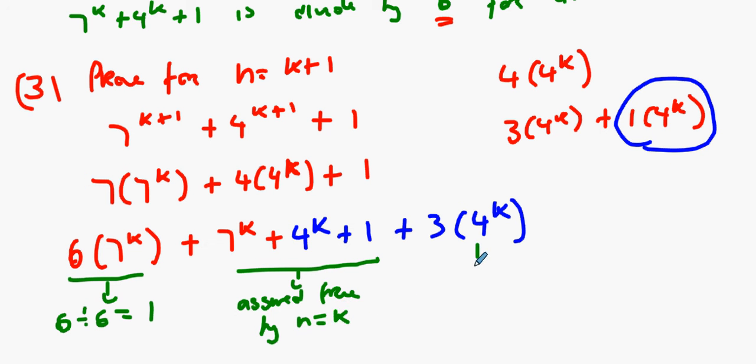Now, this one here, wouldn't it be fantastic if that was a 6, wouldn't it? Is there any way you could turn it into a 6? You're not allowed to multiply by 2. But what could you do? Well, why don't we do 3 times 2 to the power 2? What about that?